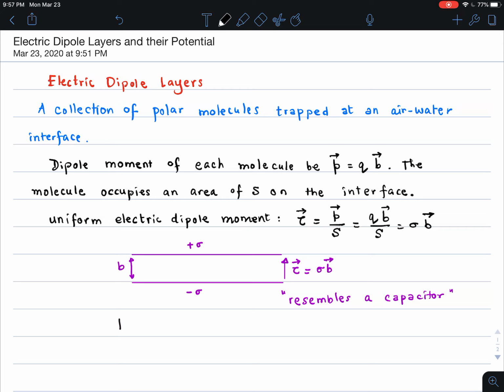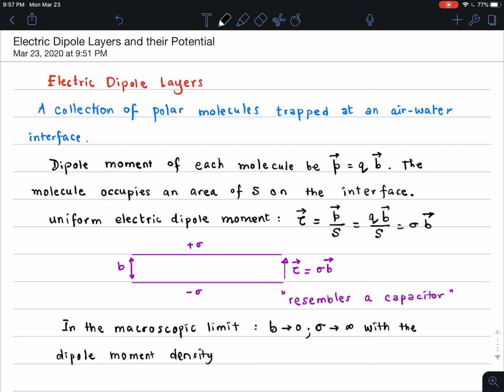And in general, the limit that we're going to assume is the macroscopic limit: we're going to have b going to 0, sigma going to infinity with the dipole moment density given by tau equal to sigma b held constant.